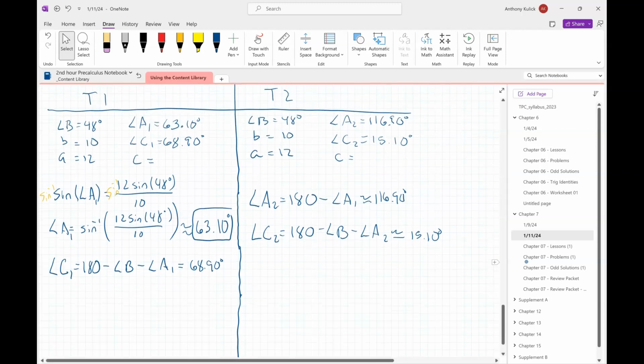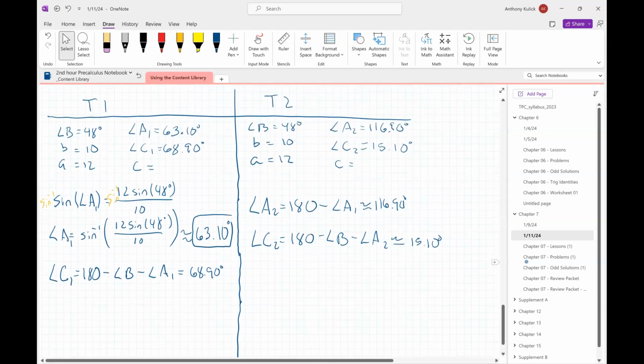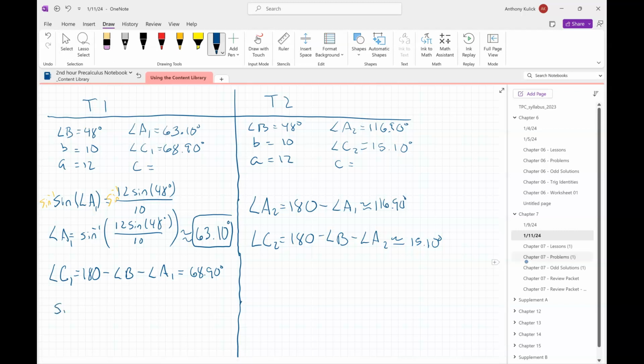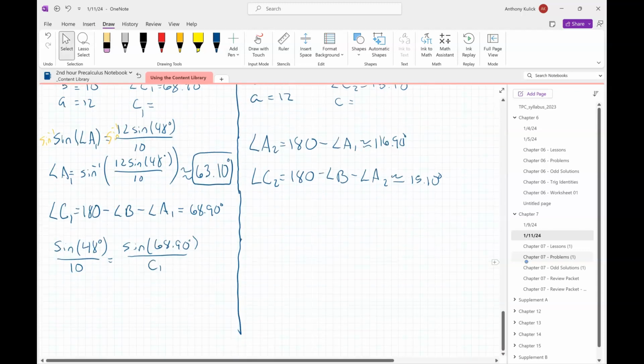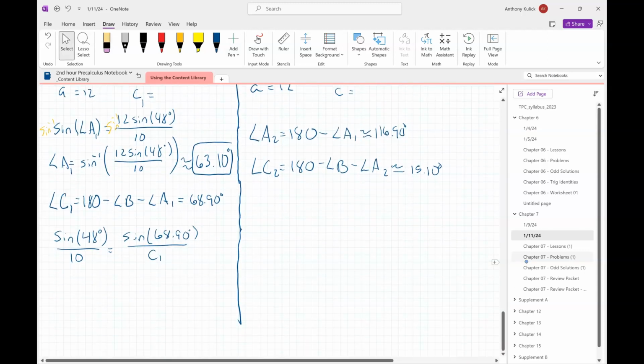To find side C, now I'm going to use the law of sines. So I'm still going to start with my sine of angle B over side B that I was given. And that's going to equal now my sine of angle C over side C. Everybody's okay with that?